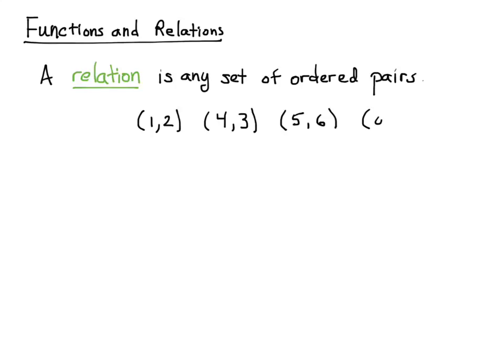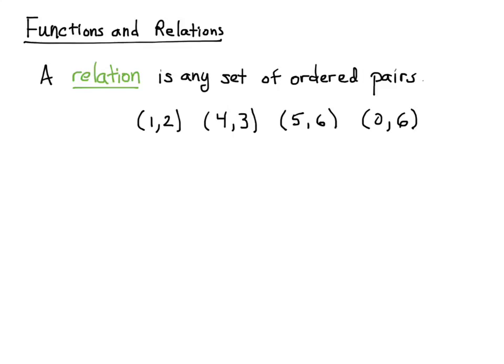So if I just say I have these four pairs, 1, 2, 4, 3, 5, 6, and 0, 6, I can say that that's a relation, because if I say, okay, what is the number associated with 4? You would look at that list and say it's 3. What's the number associated with 0? And you would say 6. And that's all it is. There's nothing more complicated than that. I've defined some sort of relation.